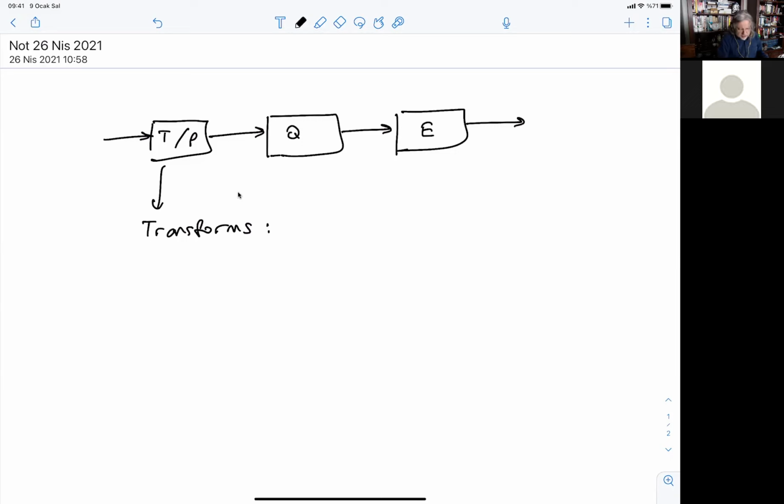And the transforms that we will be talking about, or the concept of transformation, is an attempt to look at the signal from another perspective, from a different perspective. That's it. It's not really a magical thing that we do when we do, for instance, the transformation of Fourier.